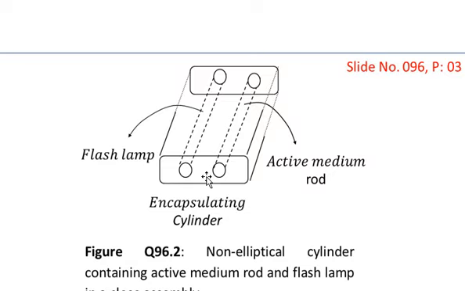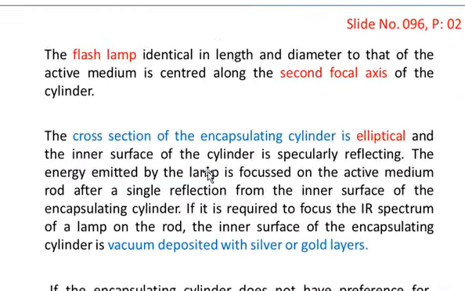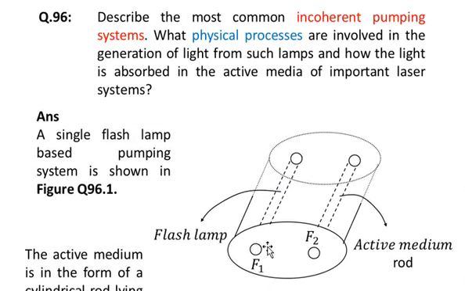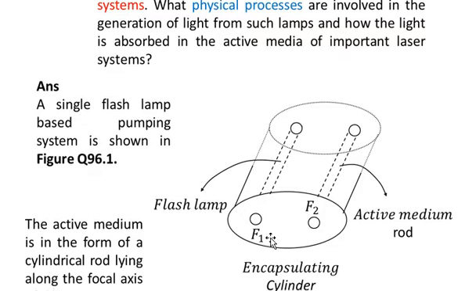You know that the advantage of the elliptical cylinder is that the light emitted from one focus point of the cylinder will be focused automatically onto the second focus point. That is, the light emitted from focus 1 of the cylinder will be focused at focus 2 of the cylinder, either directly or by reflection from the inner walls of the cylinder.